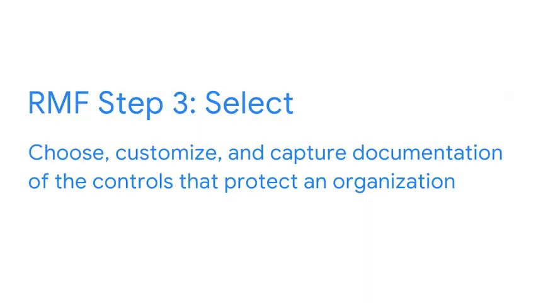Step three is select. Select means to choose, customize, and capture documentation of the controls that protect an organization. An example of the select step would be keeping a playbook up to date or helping to manage other documentation that allows you and your team to address issues more efficiently.